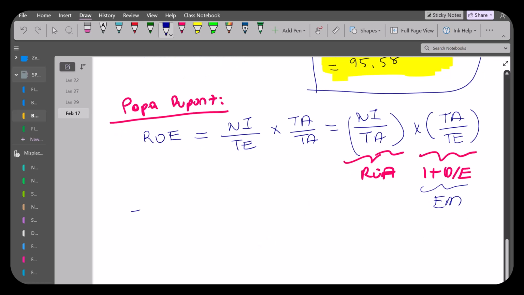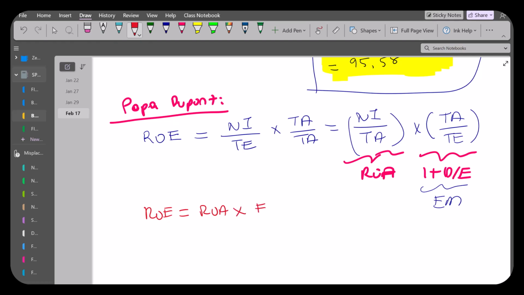So that means I can write ROE as ROA times equity multiplier, or expand using the baby DuPont we just found upstairs.